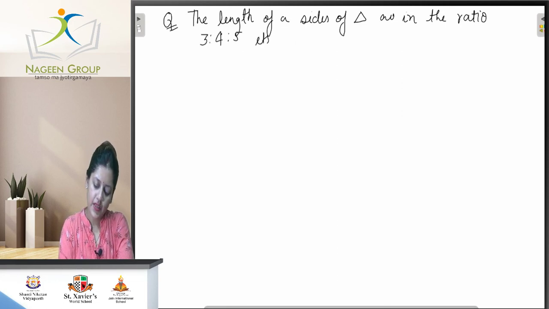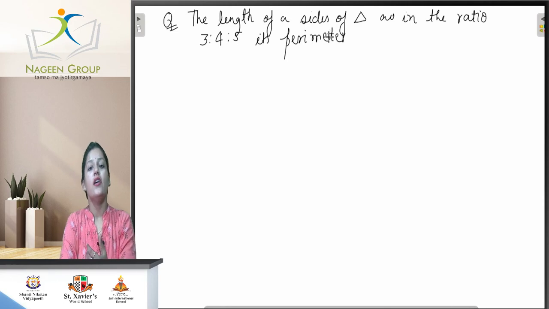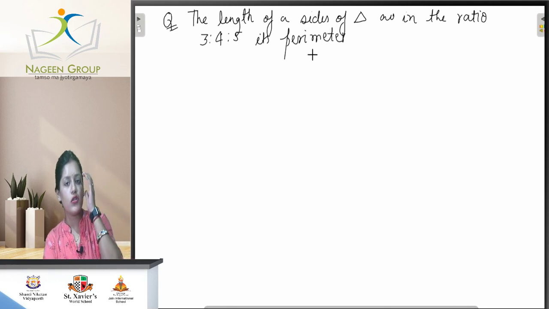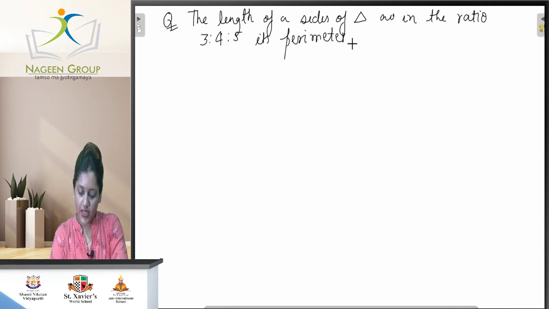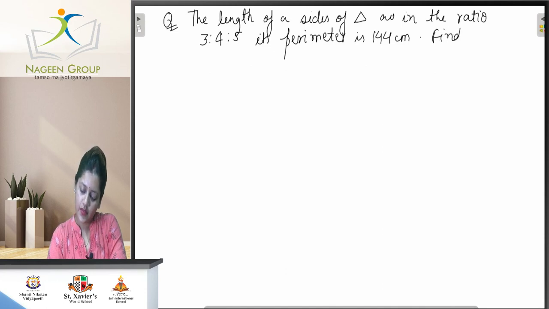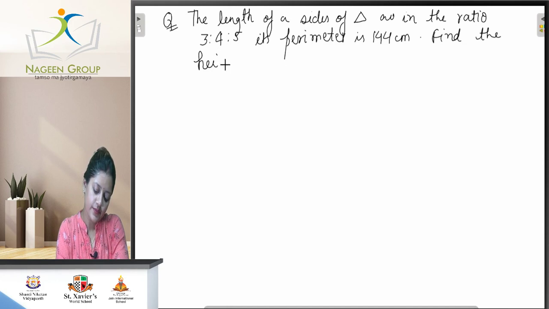Its perimeter is 144 centimeter. Find the height. Here the perimeter is given as well as the ratio of the sides, means not the actual sides but only the ratio of them. So by using the ratio you can find the actual sides.